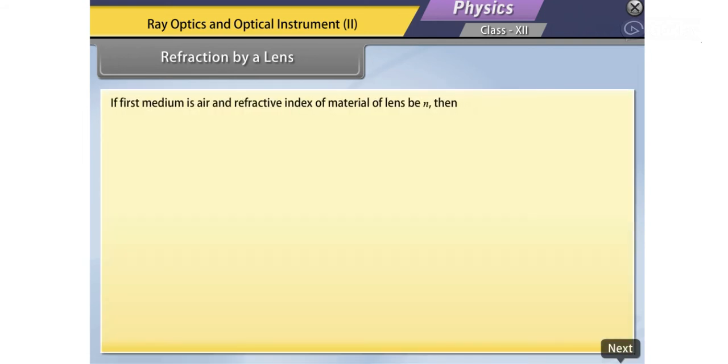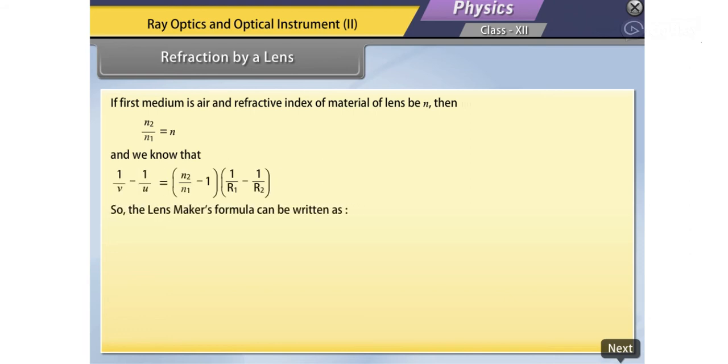If the first medium is air and refractive index of material of lens be n, then n2 upon n1 is equal to n. And we know that. So the lens maker's formula can be written as, this is called thin lens formula.